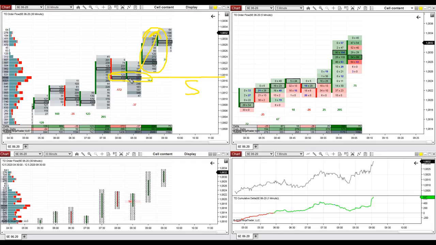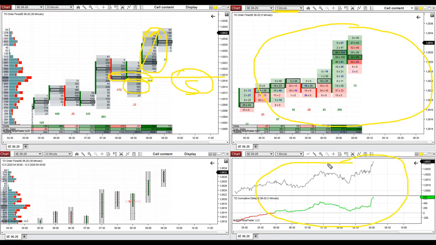As you can see, there are also heavier volumes below it, so this will be sort of a support zone. And what I'll do, I'll be waiting for some sort of confirmation around this support zone, and I'll be waiting for confirmation on the 5-minute bid ask chart, and also on the delta.